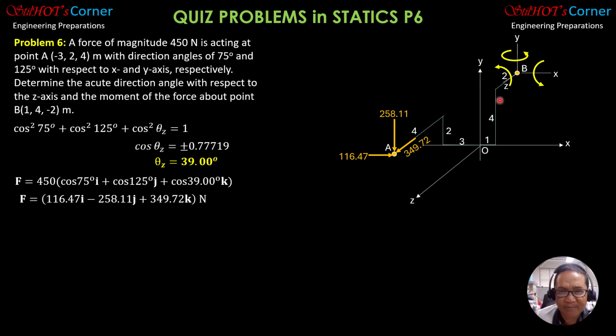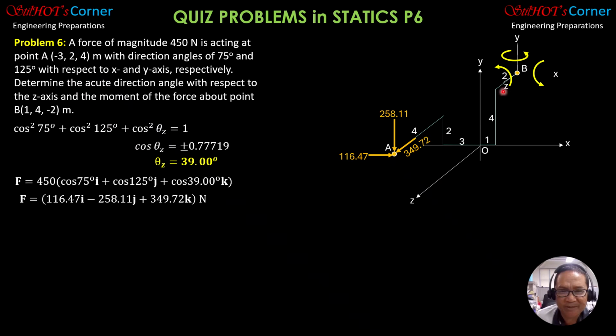So for moment about x, 258.11 is positive, and the distance is 4 plus 2, so 6. And 349.72 is opposite in sense, so minus 349.72, and the moment arm is 2, which is 4 meters minus 2 meters.